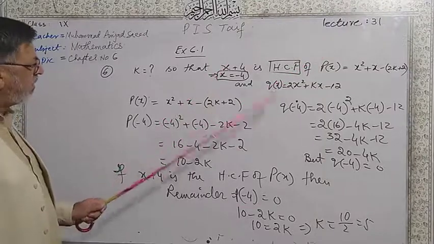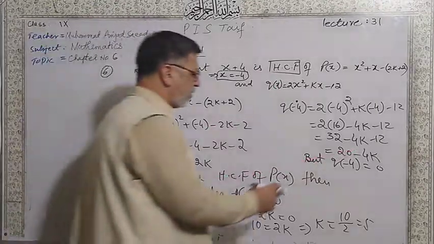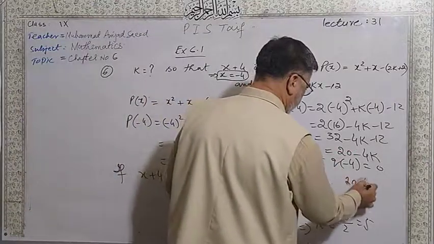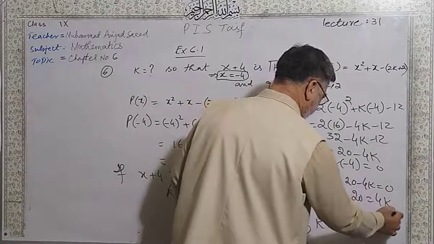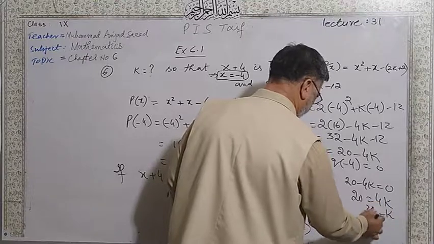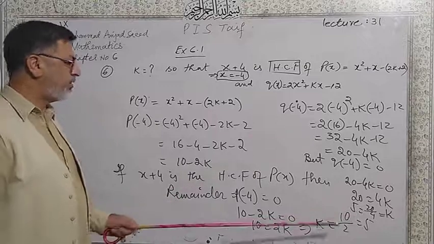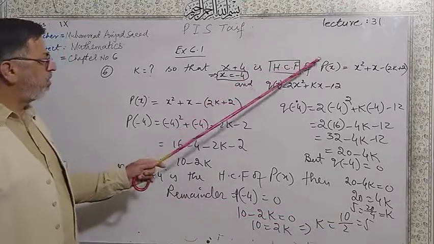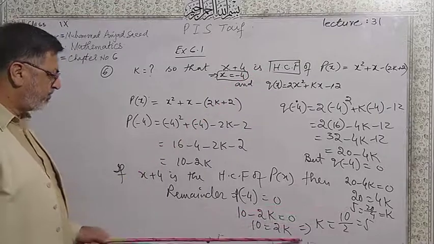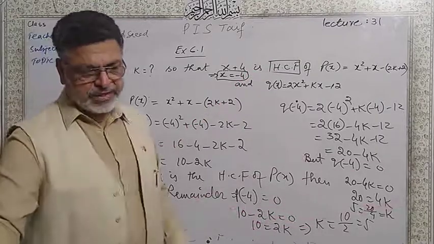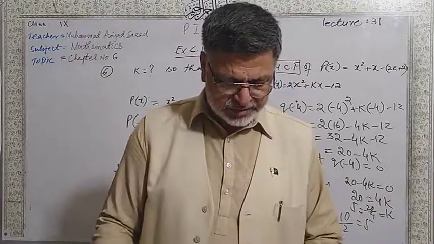Same logic: if x equal to minus 4 is the root, the remainder must be 0. So 20 minus 4k is equal to 0, 20 is equal to 4k, and k is equal to 20 over 4, that is equal to 5. So in this way you have the value of k for both expressions as 5. So the value of k is 5 if x plus 4 is the HCF of both.